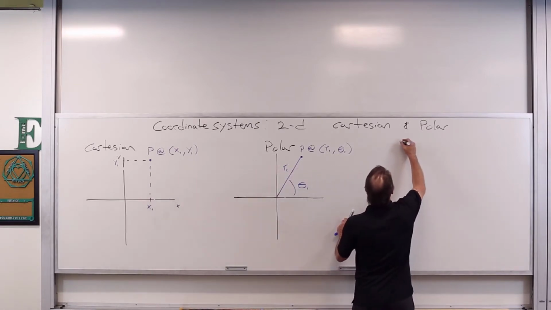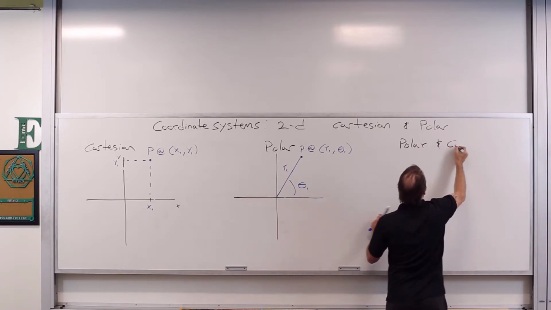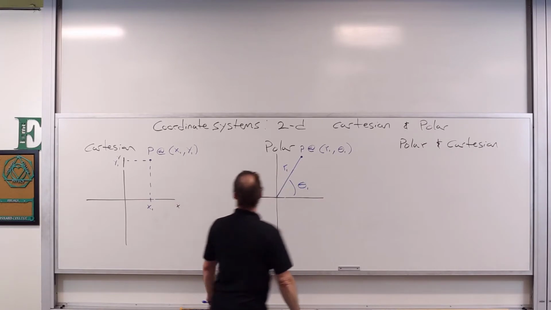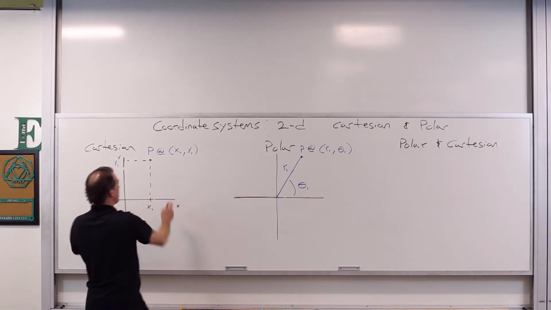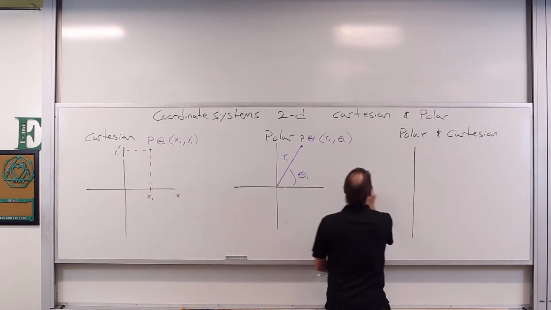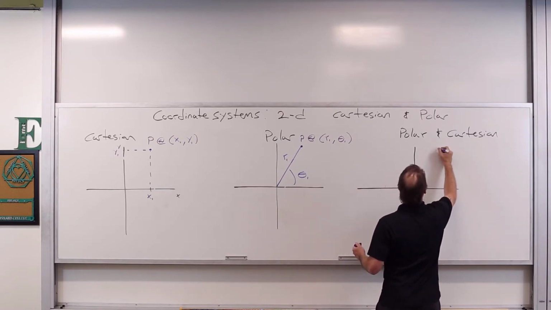So let us look at this polar and Cartesian kind of superimposed on one another. So we could take this and stick it right on top of this. That's kind of what we'll do. We'll redraw this. We'll take our point P here.